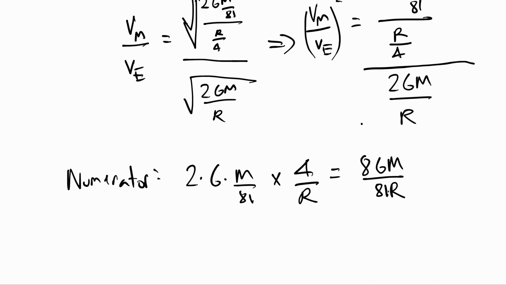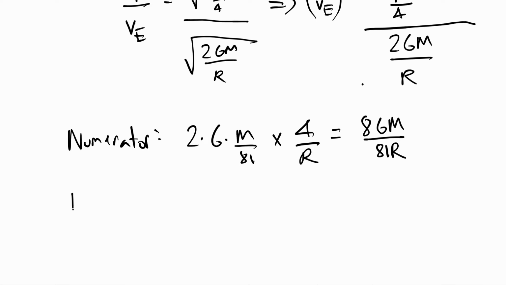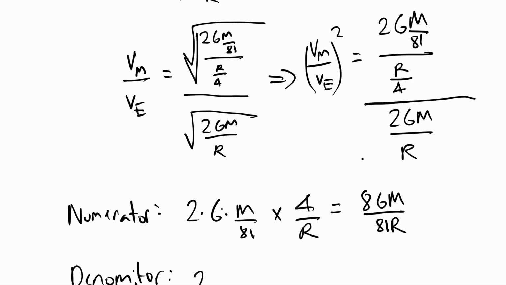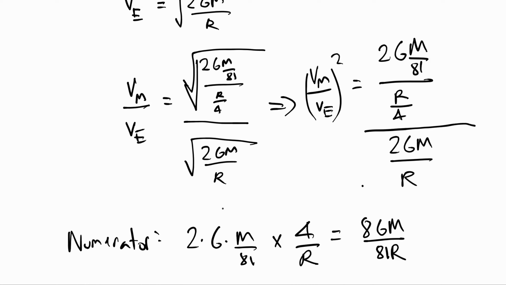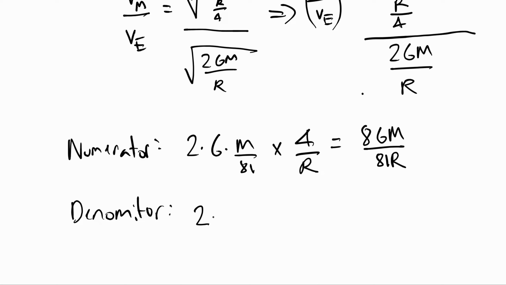Okay, that's the numerator. Then the denominator, of course, will stay the same because it's already simple. So we can just write that as 2GM over R, because it's already in the simplest form.